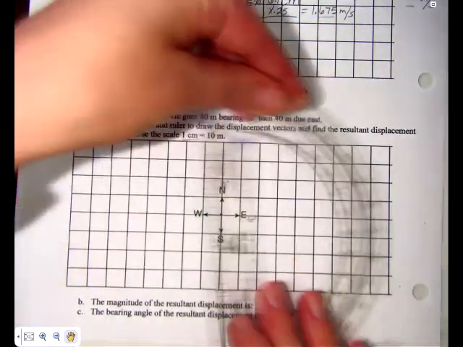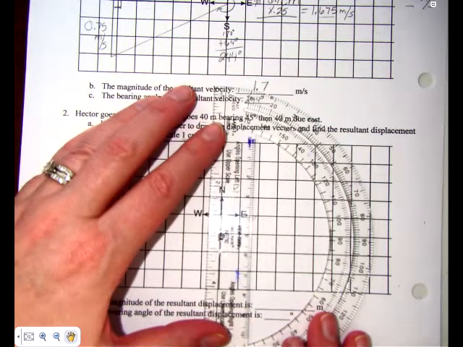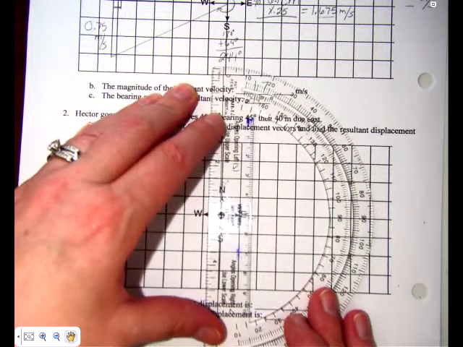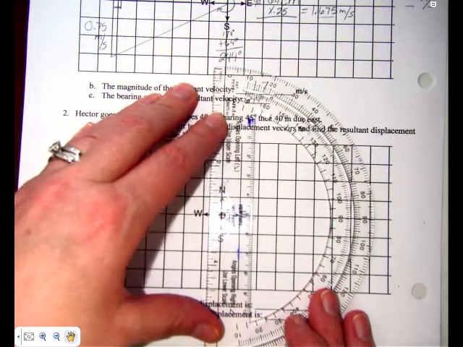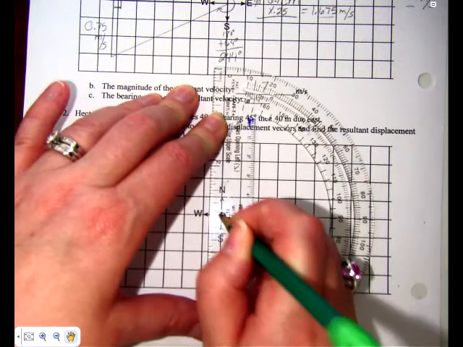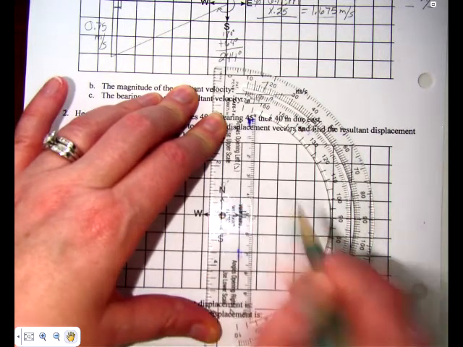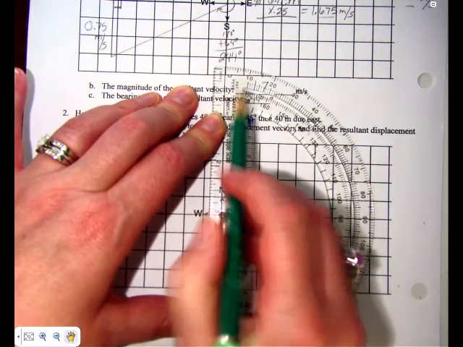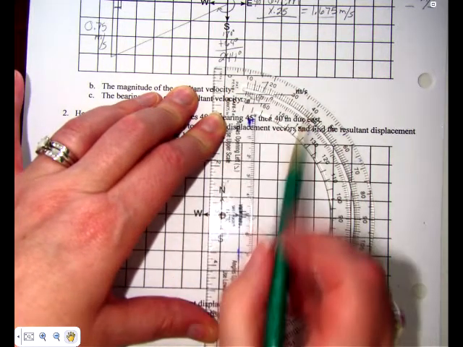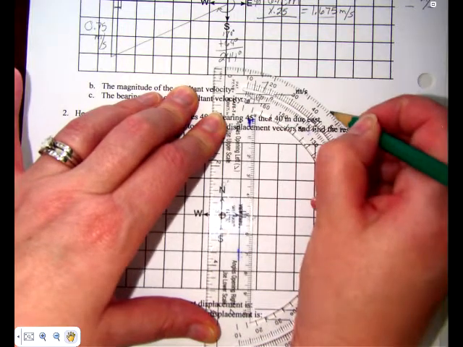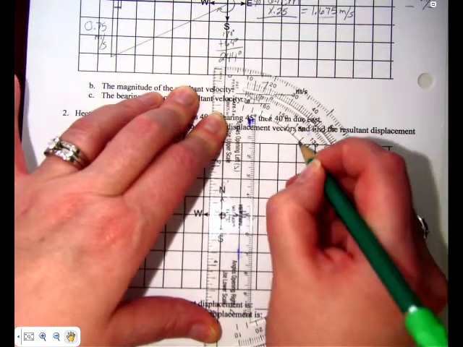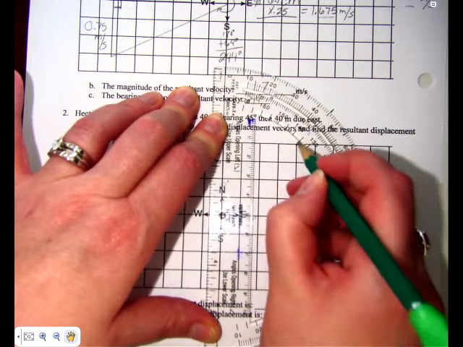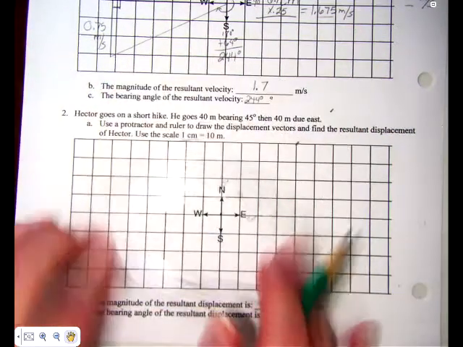We're going to mark the 45. So by lining up our protractor here, my dot open hole there is at the crosshairs. My protractor is lined up along this line. So this is our 0, right here is our 45. So I'm going to put a little mark here and here on this side. Just gives me 2 marks to help line it up.